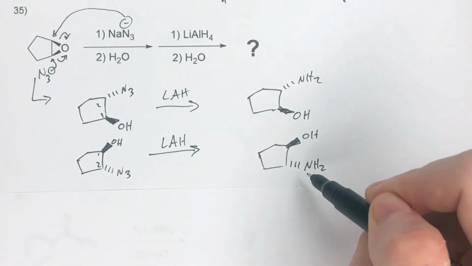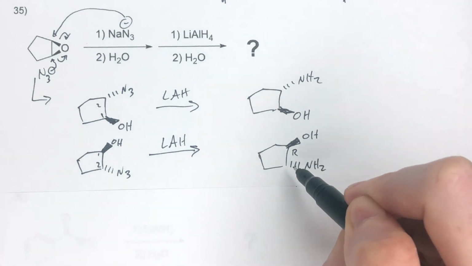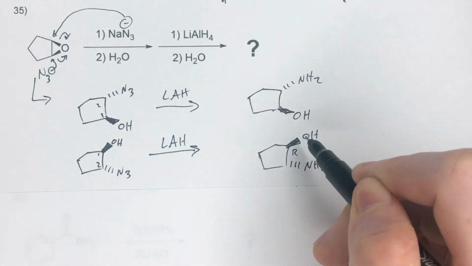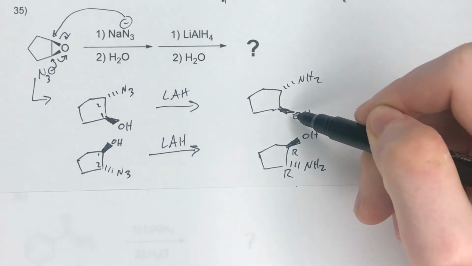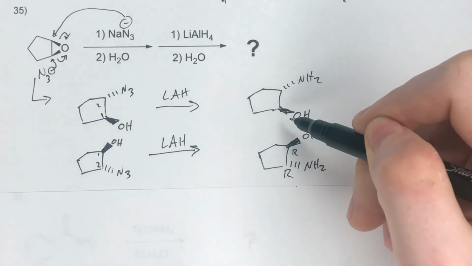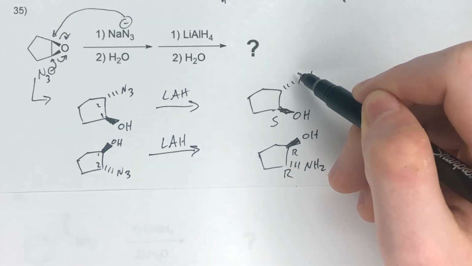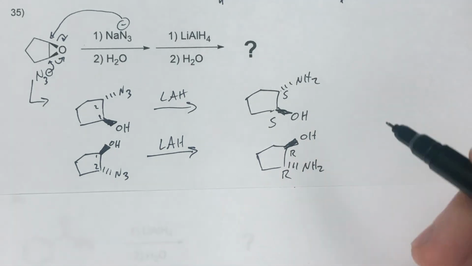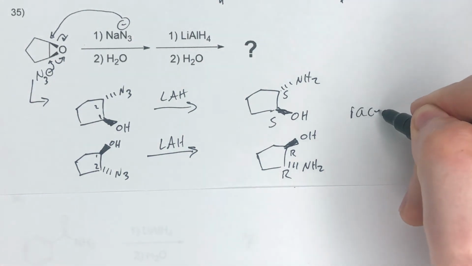So this would be 1, 2, 3. This is R. This one, 1, 2, 3. That's S, but it's R. This one, 1, 2, 3. That's S, so it's S. This one, 1, 2, 3. That's R, so it's S because the hydrogen is in the front. So it is in fact racemic.